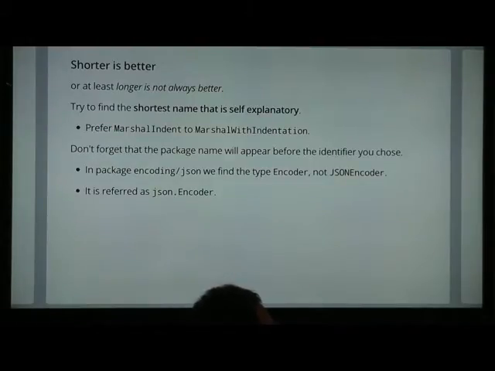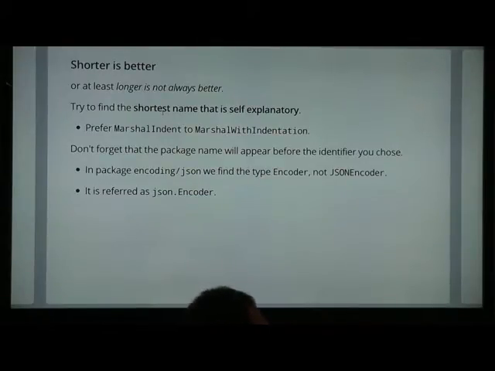So in the JSON package, we have MarshalIndent, which means Marshal with indentation. You could also call it Marshal with indentation, but the information that you're giving with one or the other is pretty much the same. And you have to think about people without code completion editors, so it's always good to have shorter names.